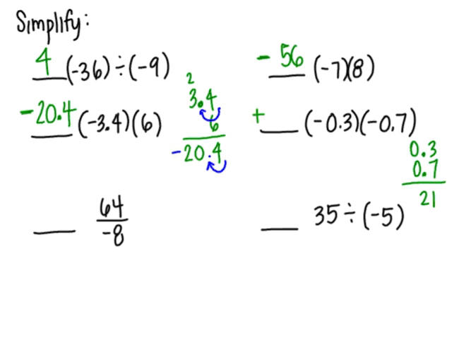If I notice though, I had one decimal place in the first factor and one decimal place in the second factor, which will give me two decimal places in my answer. So my answer would be a positive 0.21. If you left off the 0, that's fine.